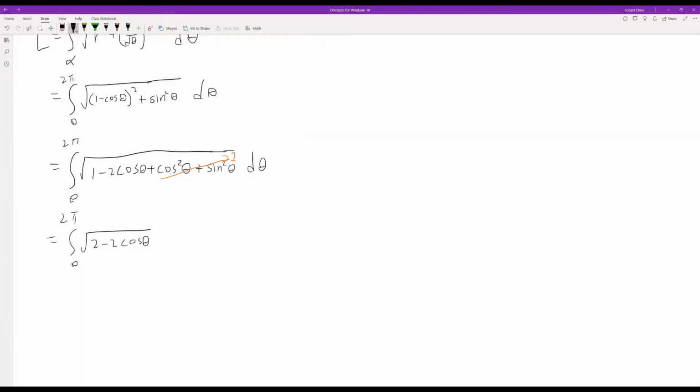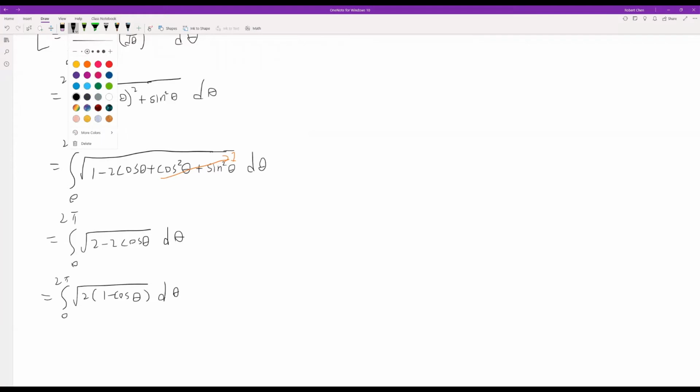Now we're going to do something a little different here. I'm going to factor out the 2 first, so I have 2 times (1 minus cosine theta). Here we're going to use a very unpopular property of trig. I'm going to write it down here: 1 minus cosine theta is actually 2 times sine squared of theta over 2.